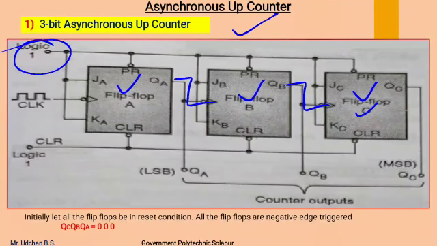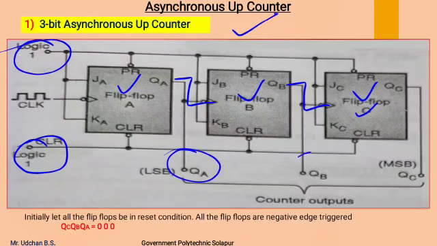A clear input, which is logic 1, is connected to all the clear terminals of the flip-flops, and the preset terminal is also connected to logic 1, meaning there is no effect of clear input and preset input, as the clear and preset terminals are active low signals, and we have connected an active high signal to them.